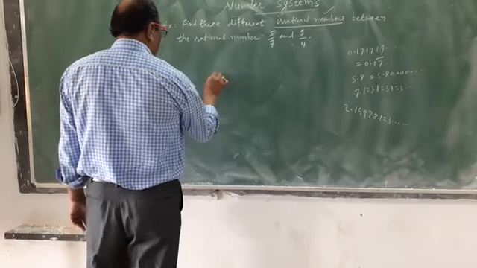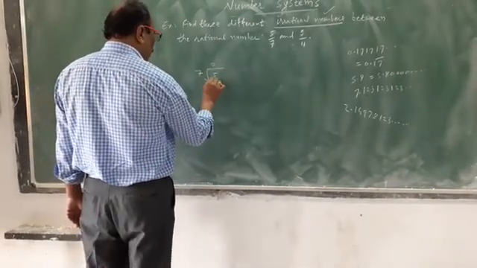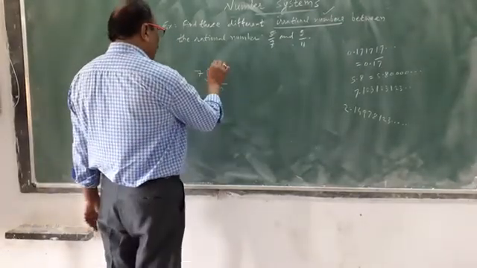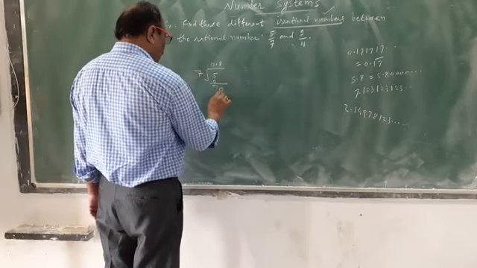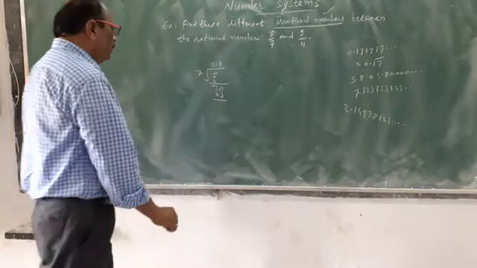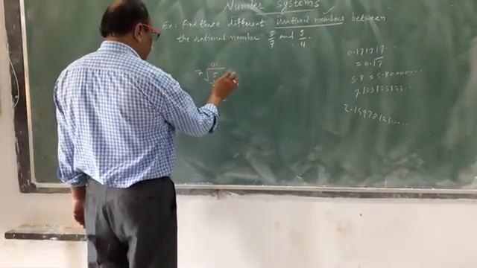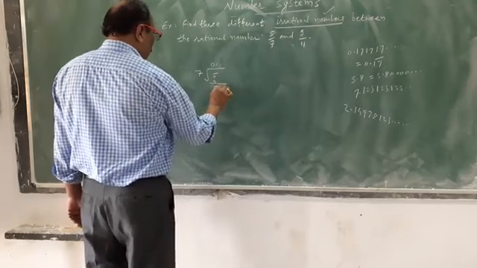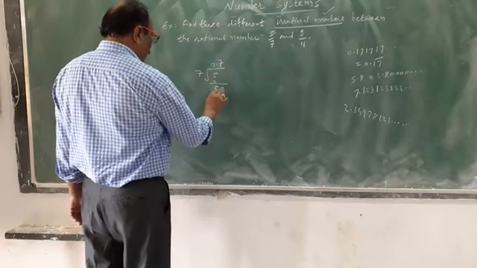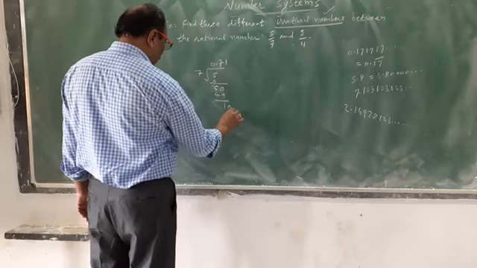5/7 means what? 5 divided by 7. 7 zeros are 0. That is 7. We take 0 here. Then 7 9s are 63. Then 5, 50. 7 7s are 49. It is 1. Then 7 1s are 7.